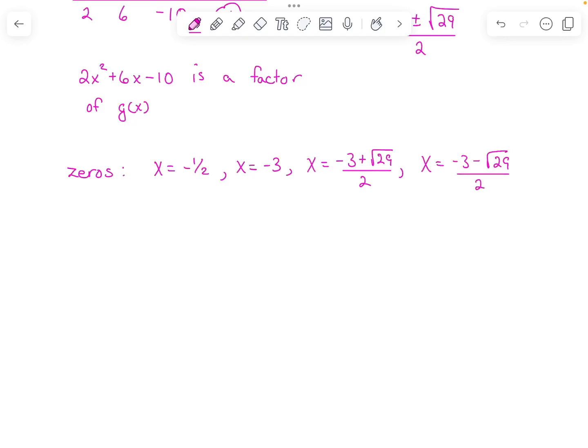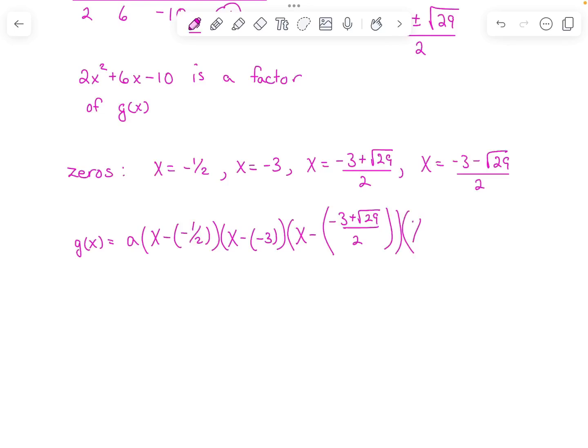So g of x can be written as a times x minus -1/2 times x minus -3 times x minus (-3 plus the square root of 29) divided by 2 times x minus (-3 minus the square root of 29) divided by 2.